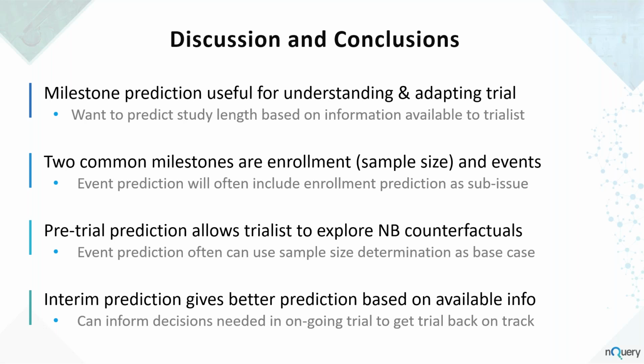And then interim prediction, because it's using actual information from your specific trial, should be able to give you better, updated prediction information about how long your trial is likely to take, and that can then inform decisions about what's needed to get your trial back on track if it happens to be behind schedule. Or if things are ahead of schedule, you can take a glass of champagne and enjoy yourself, I suppose.